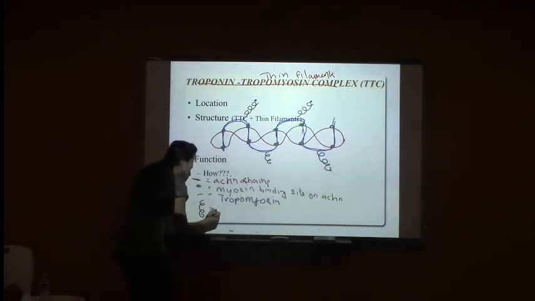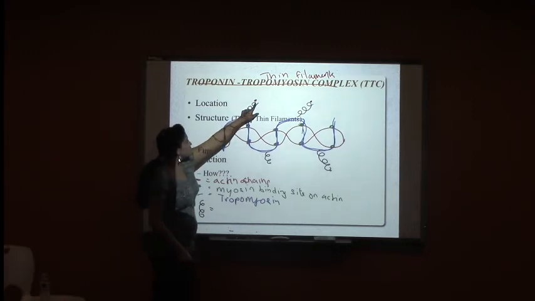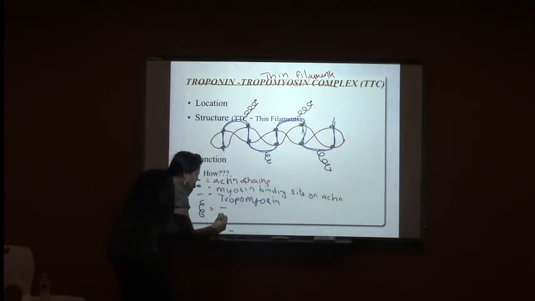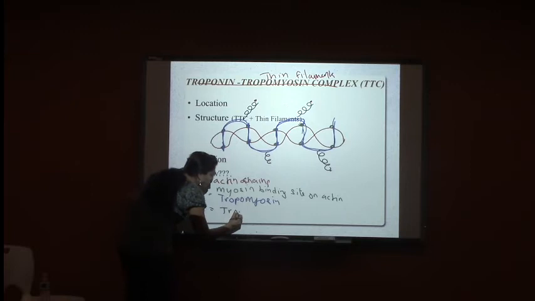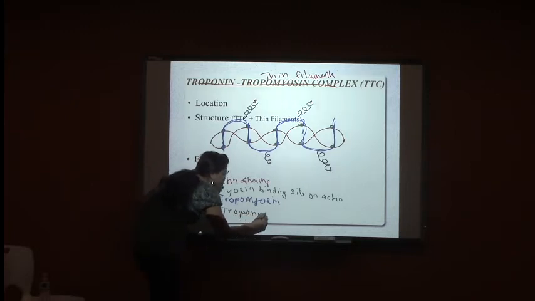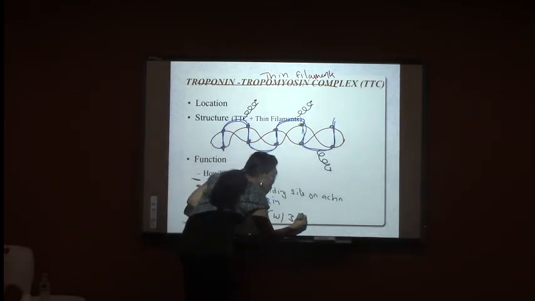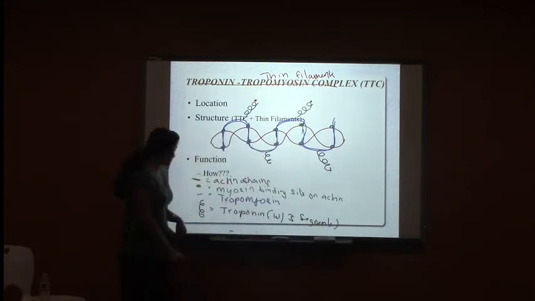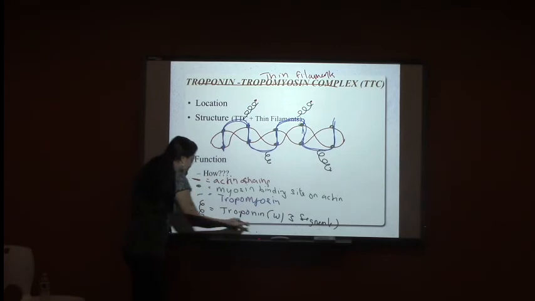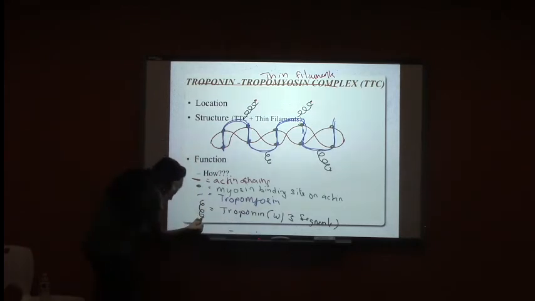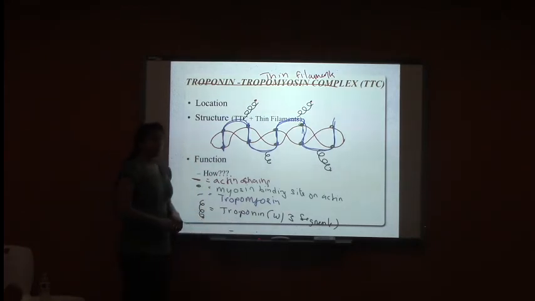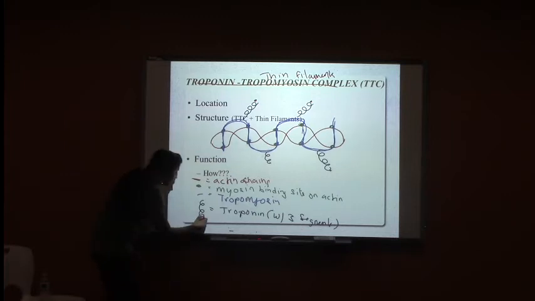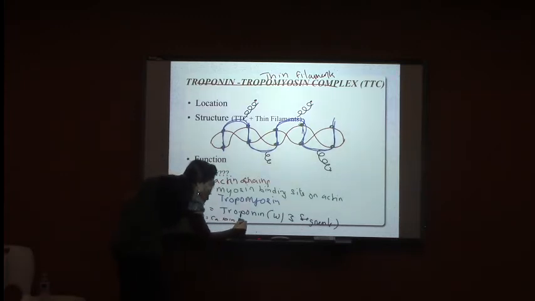Troponin with its 3 segments. 1, 2, 3. Okay? Troponin with 3 segments. I can't seem to align this. And what is this red dot on this last one? Calcium binding site. Does that make sense?